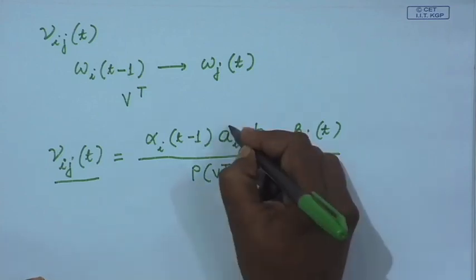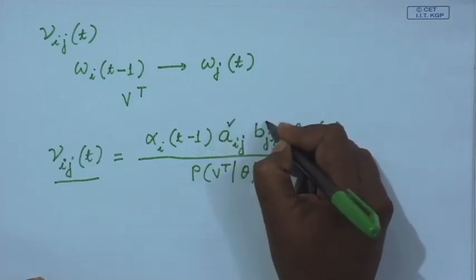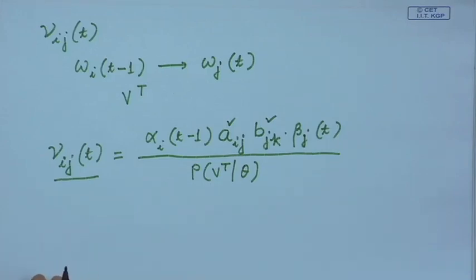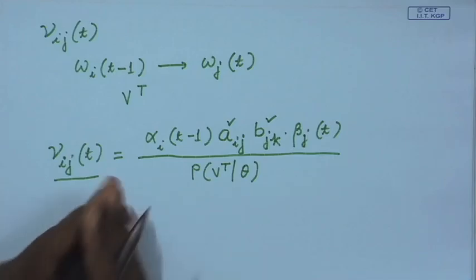Now, here again you find that this a i j and b j k are still not exactly known. So, how is this algorithm going to work? The usual practice is, initially you choose the transition probabilities a i j and b j k arbitrarily at random. So, I choose some random values, some arbitrary values for the transition probabilities a i j and b j k.